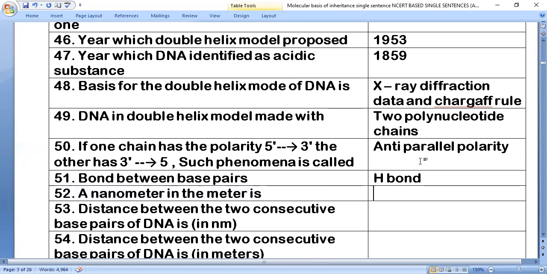A nanometer in meters is 10 to the power of minus 9.